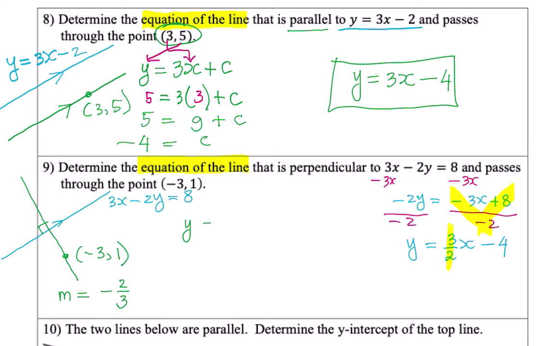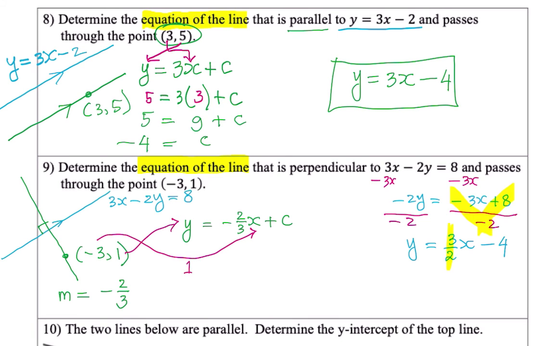Y equals m, which is negative 2/3 x, plus c, the y-intercept we don't know yet. So we are going to use this coordinate of the point that the line passes. So substitute negative 3 for x and substitute 1 for y.